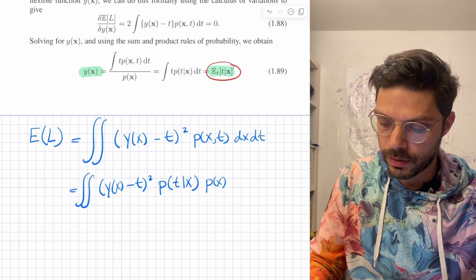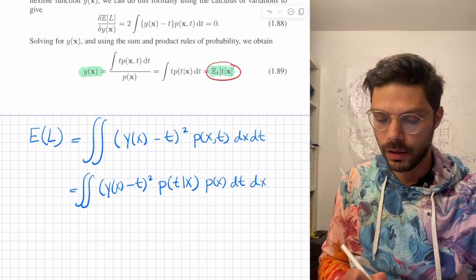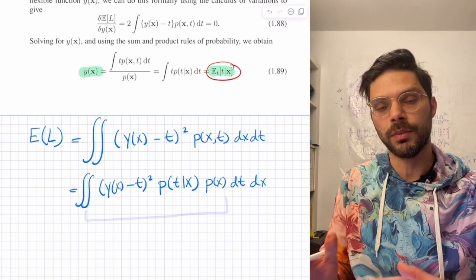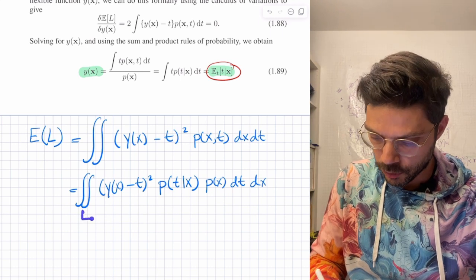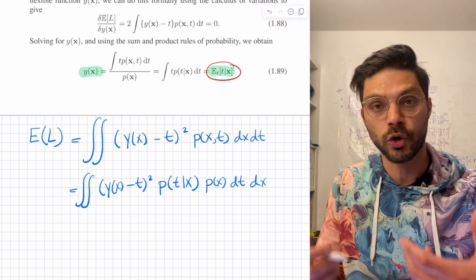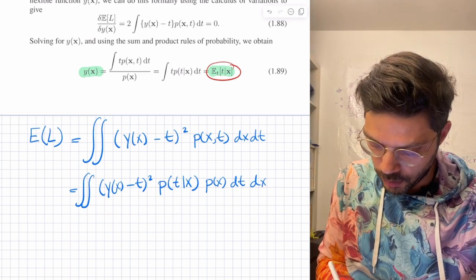And now let's do dt first, and then dx on the outside. Now you should see that this whole thing is something that we're integrating against x, so we should be able to just minimize that. Let's write that properly one more time.